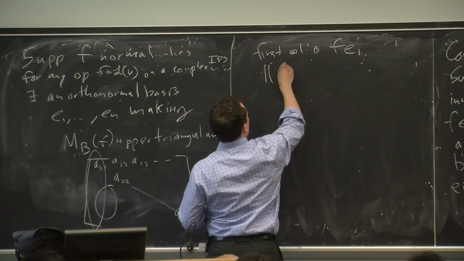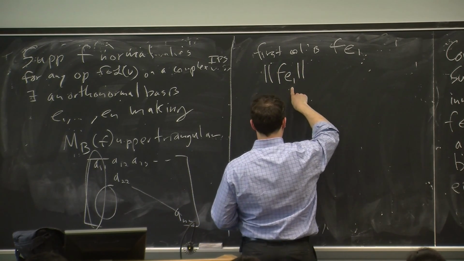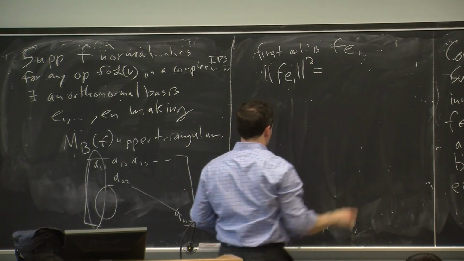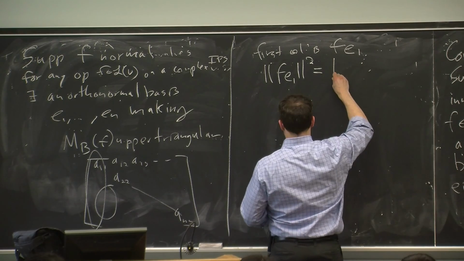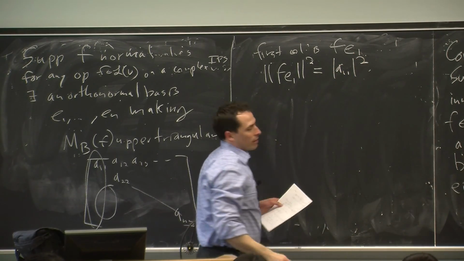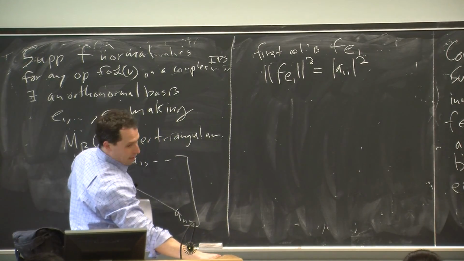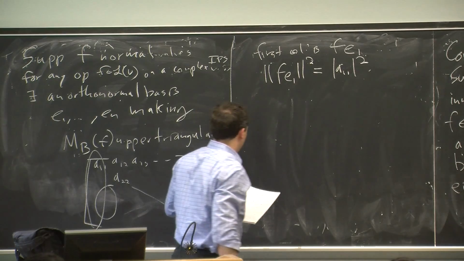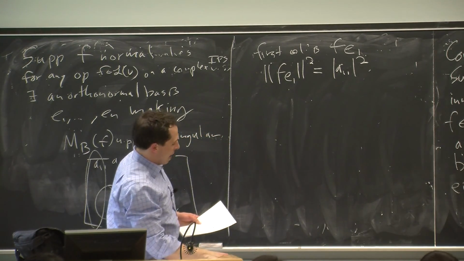The norm of the first column of the matrix, or the vector represented by the first column, and the reason I can confuse those is because we have an orthonormal basis, I can compute that by squaring each entry. Right? It's the sum of the squares of the entry, but there's only one non-zero entry, namely A11. And so the squared norm is just the square of the absolute value of the first entry.